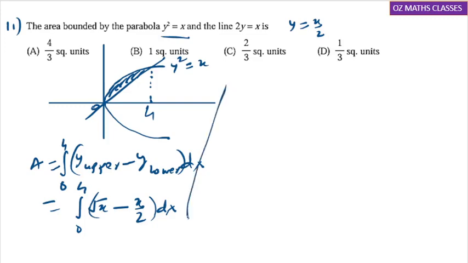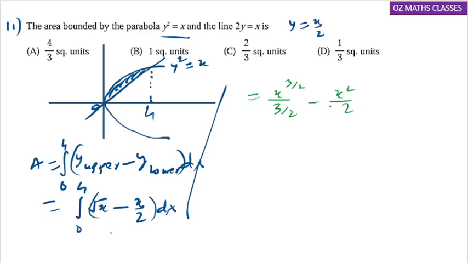Okay. So the integration of root x is x power 3 by 2 upon 3 by 2. The integration of x by 2 will be x square by 2, and already 1 by 2 is there.